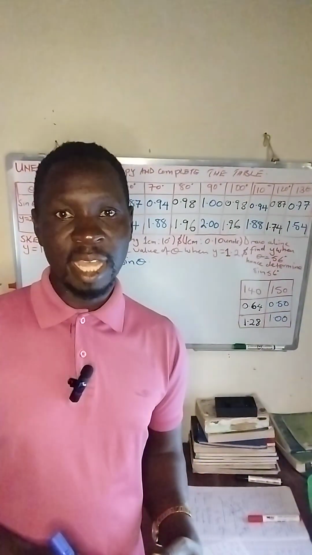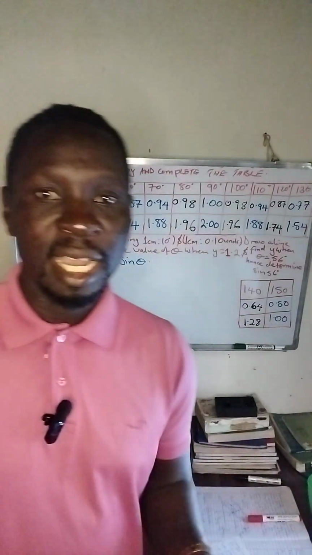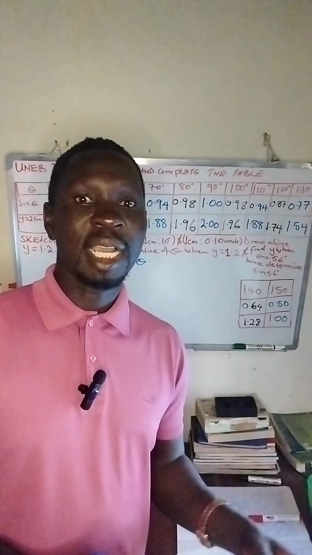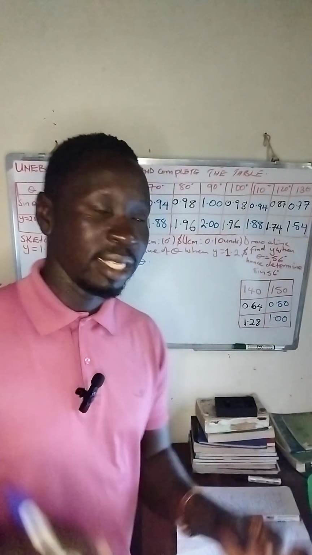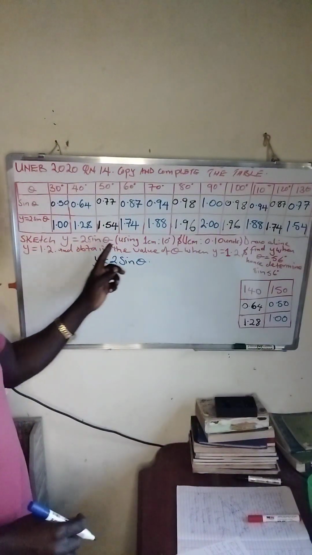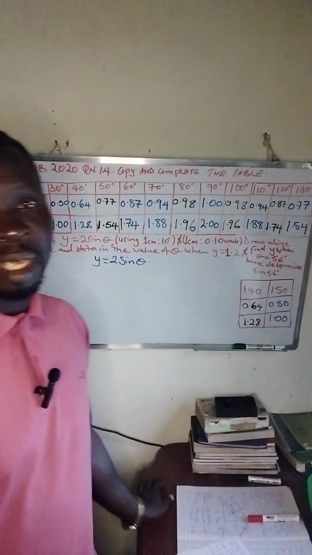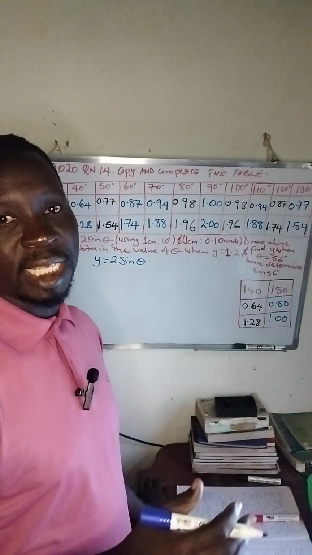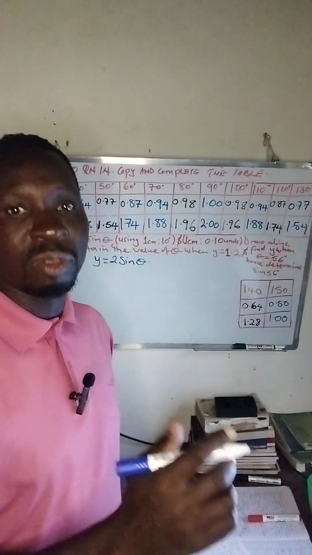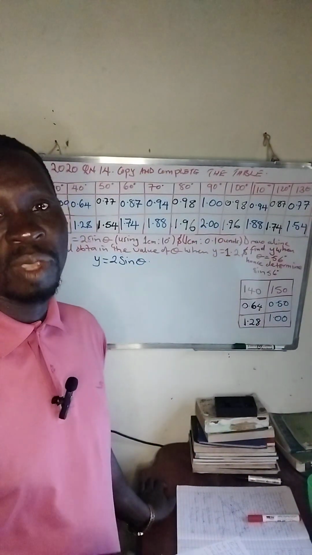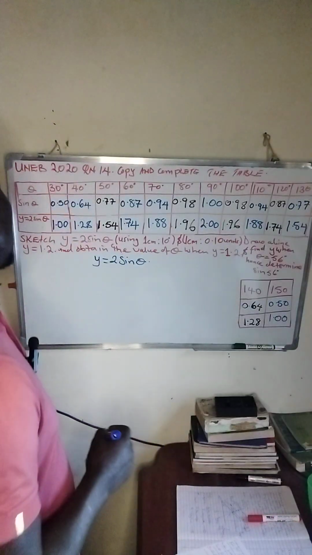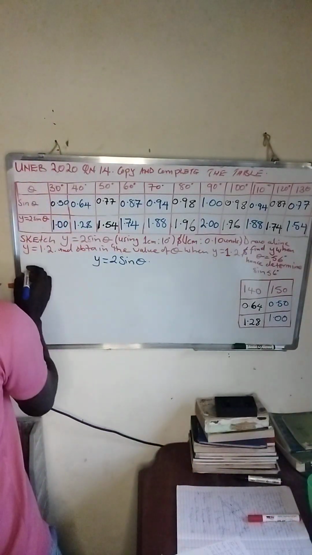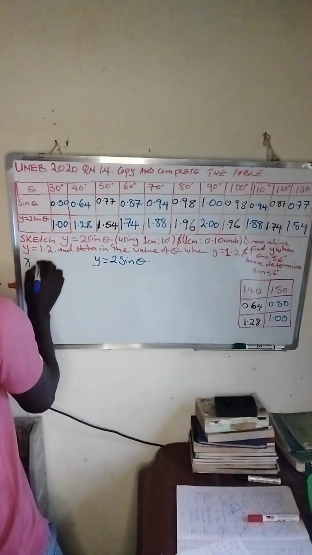Now our next part here is just to look at how we are going to plot these values, because the question says sketch this curve for these ones. Before we sketch, we need to identify the points. Remember, when we are sketching, we are having the x values and the y values.